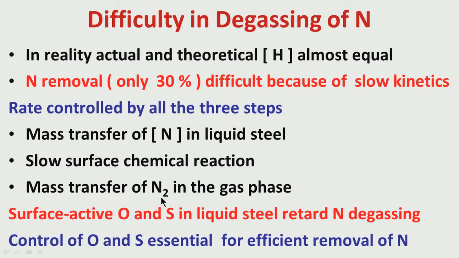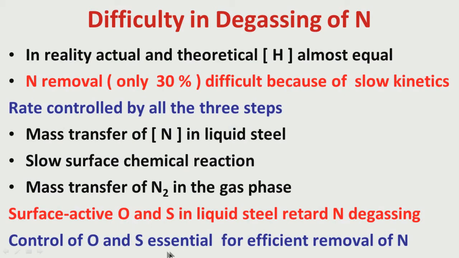So, there is a possibility of more nitrogen going to the interface. If more nitrogen can go, there is more probability of the liquid steel gas reaction from nitrogen as element to nitrogen as gas. So, the rate controlling step here, the slow surface reaction, will be slightly faster.